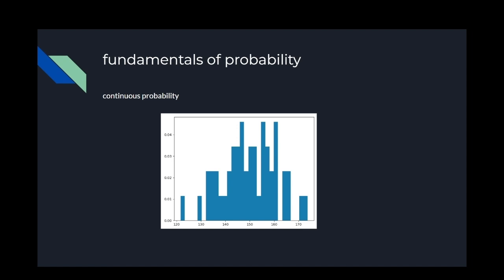For example, from our previous example, for people from 120 to 130, we just have two observations. The bar there is low, and for people who are very tall, higher than 170, we don't have too many, and most of the classroom concentrates around 150.